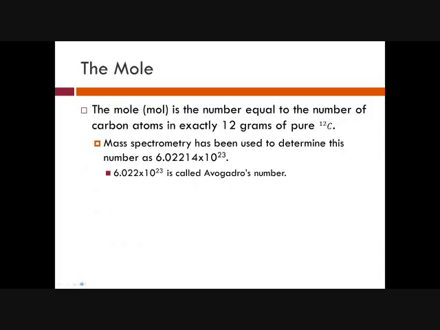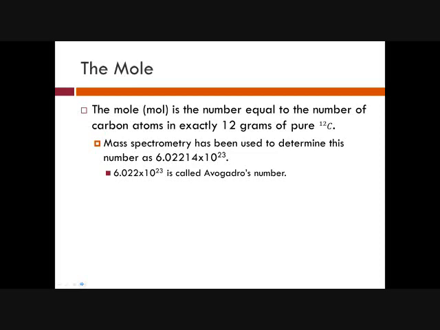So we've heard of moles before. We will celebrate Mole Day in here, that's in October. A mole is equal to the number of carbon atoms in exactly 12 grams of pure carbon-12 isotope. Mass spectrometry has been used to determine this number as exactly 6.02214 times 10 to the 23rd.